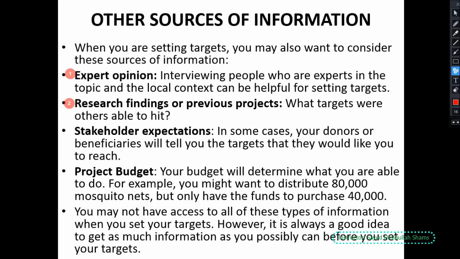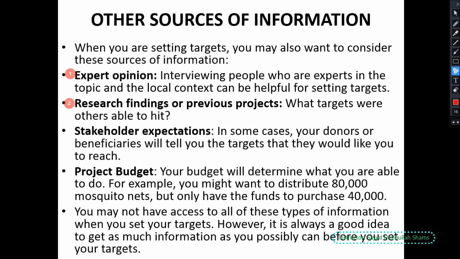And already an organization implemented a project in the education sector, and they have carried out all these activities. So in this case, you will ask: I have set this target, could I achieve this target or not?